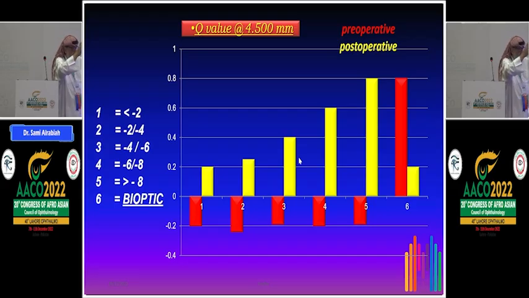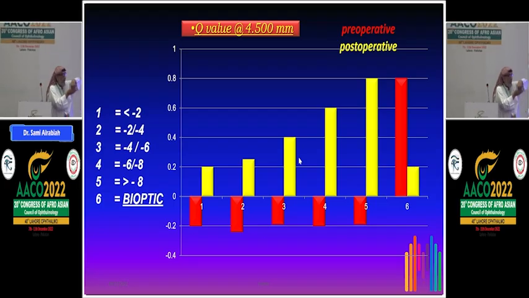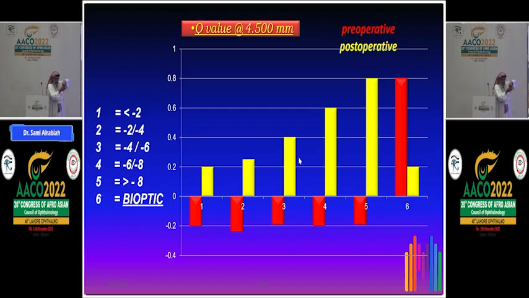Whenever you go to the periphery, it just gets flatter and flatter. And the change in the sphericity, this is the sphericity. If the cornea is round, Q value is 0. But if it is inside, it is a positive Q value. If it is outside, it is a negative Q value. So we know, all of us, the cornea has a negative Q value.